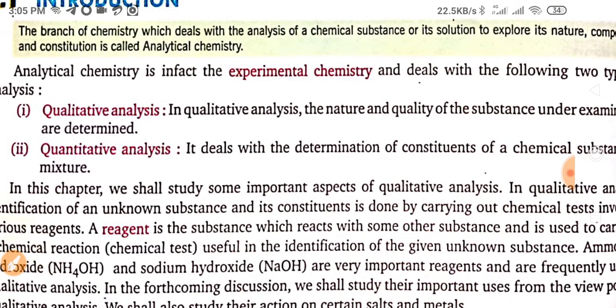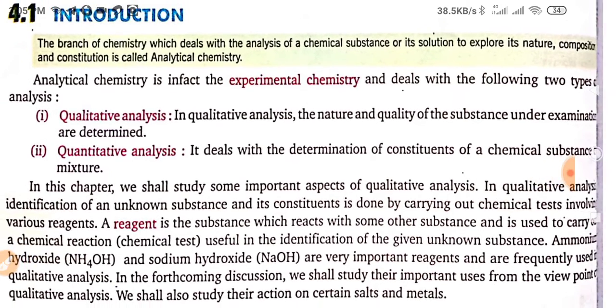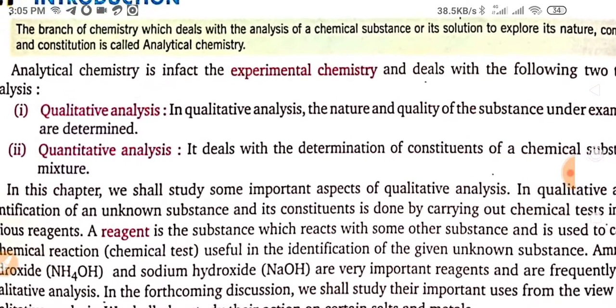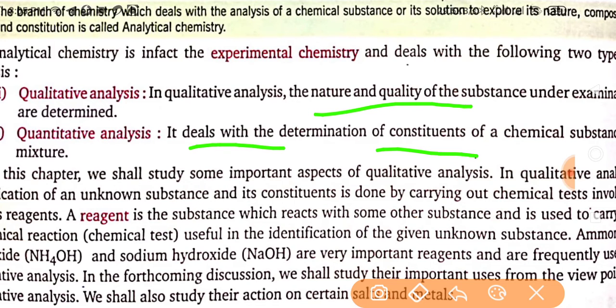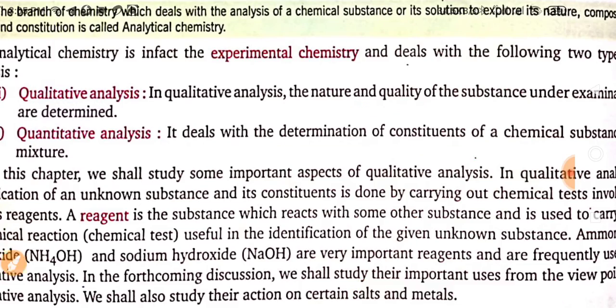So analytical chemistry is a type of experimental chemistry and deals with the following two types of analysis. First is qualitative, second is quantitative. In qualitative analysis, the nature and quality of the substance under examination are determined, and quantitative deals with the determination of constituents of a chemical substance in a mixture.